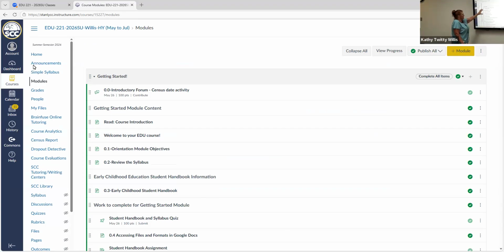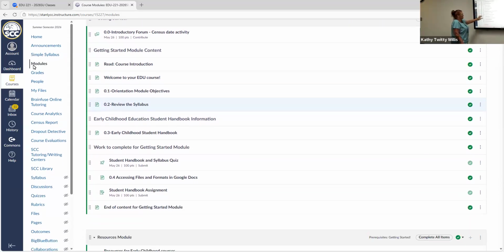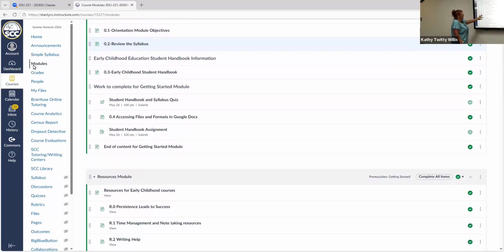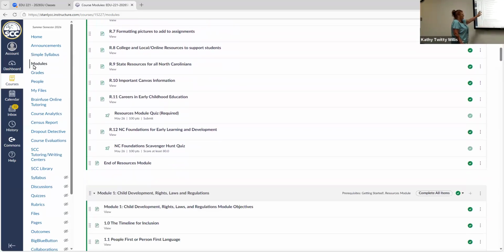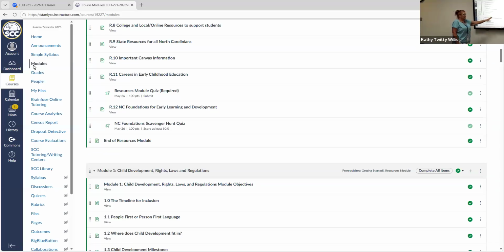So it's really important that you follow this as it's written. Please make sure that you get your Getting Started module done this week, your Early Childhood Student Handbook information done, and then the resource modules before you go on to child development rights, laws, and regulations.